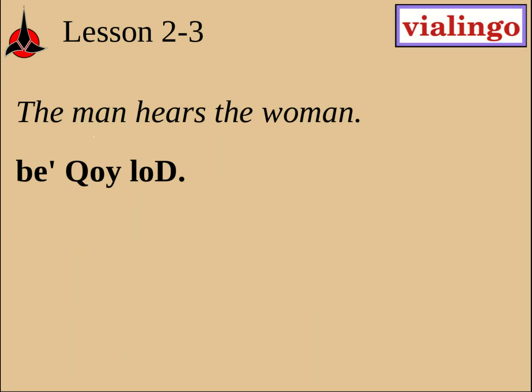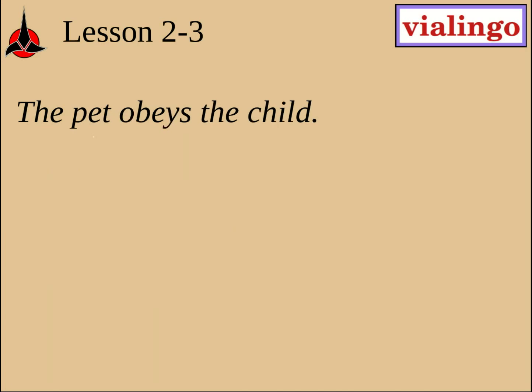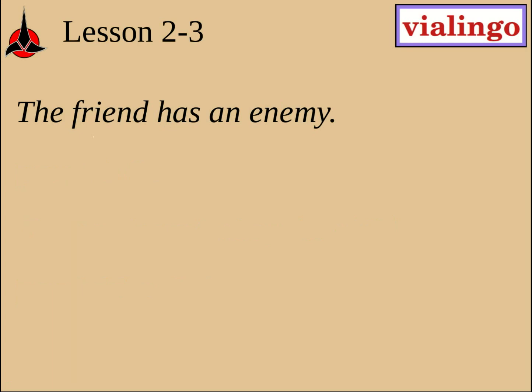Ghoj. The man doesn't hear the woman. Ghoj. The pet obeys the child. Vulqan. The pet doesn't obey the child. Vulqan. The friend has an enemy.